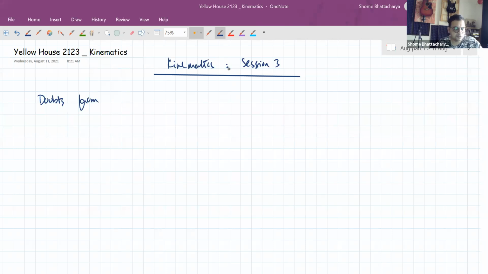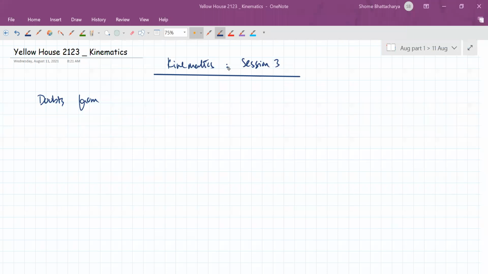Okay, so let's start with question number 16. I'll take you through the worksheet first. So even relative velocity was there in that, no?